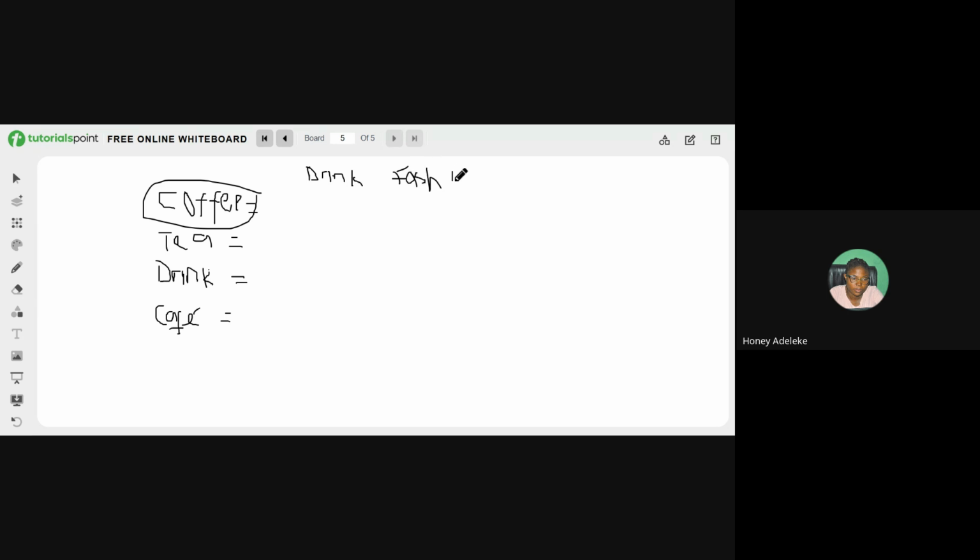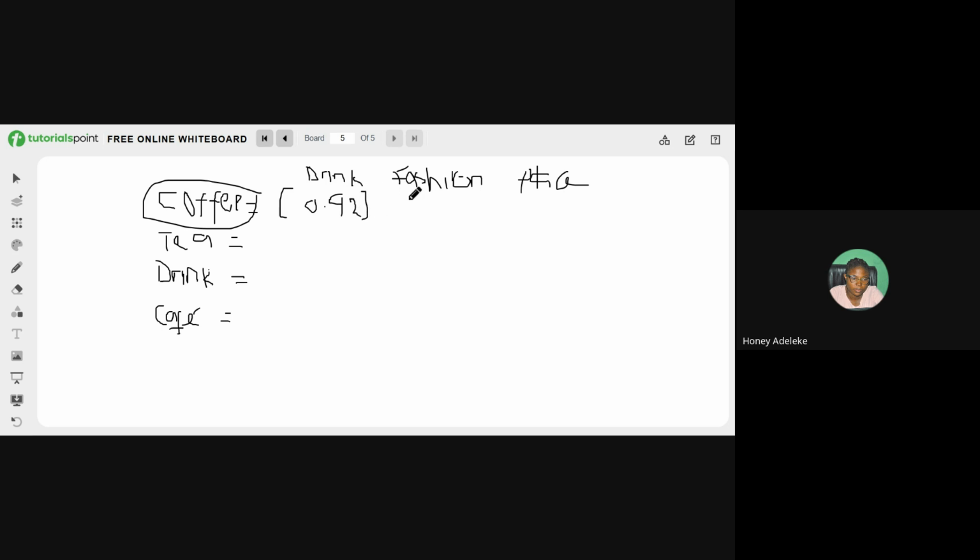Is it a place? Now, if coffee is a drink, the number attached to it will be high, maybe 0.9, maybe 0.92, because it is.